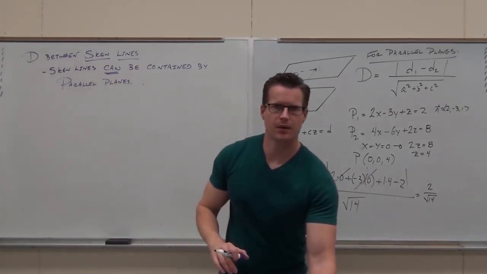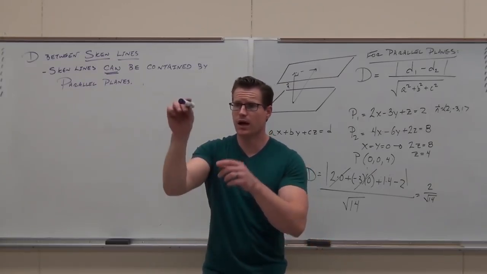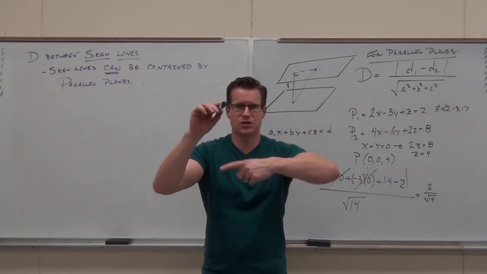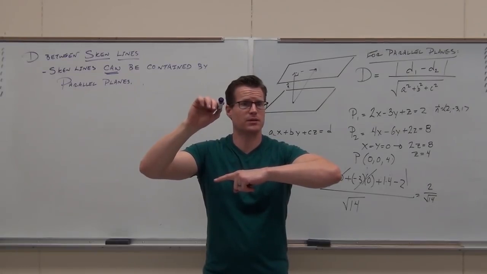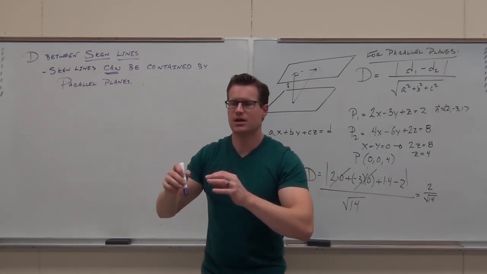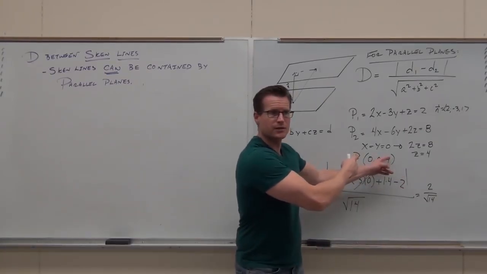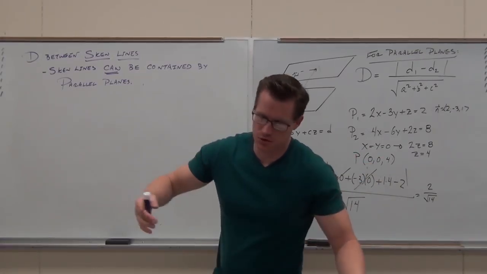Did you catch that? There's an infinite number of planes that can contain a line. You have one line, there's billions of planes that can contain that. But as soon as I have another skew line, I pick one here and one here that are parallel. Does that make sense to you? So the idea is define those parallel planes, then use the distance between parallel planes, and that'll be the shortest distance.